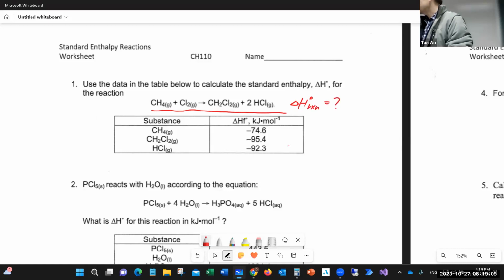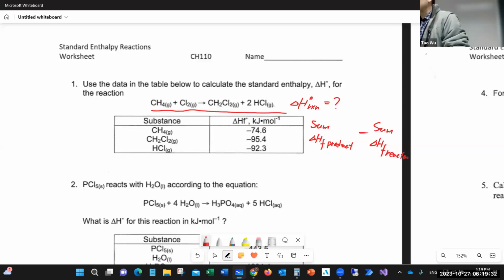How do we do it? Well, we already mentioned that. To find the enthalpy of a reaction, in general, you use the sum of the enthalpy of formation of the products, subtract the sum of the enthalpy of formation of the reactants.